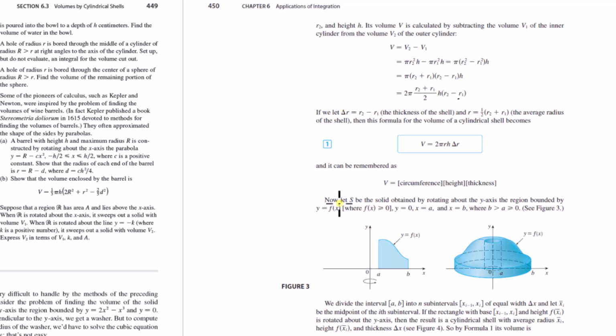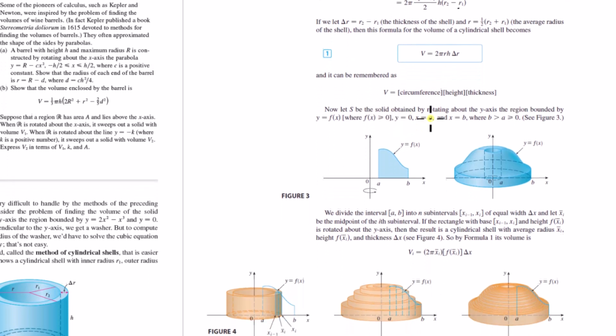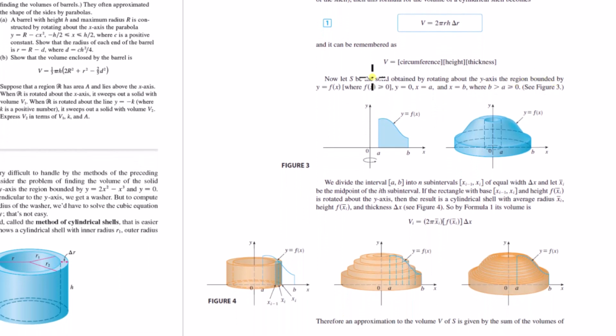Okay, so that's the element that we're thinking about breaking up these solids of revolution into and summing those elements to get the volume. All right, and we can see the general formula for the volume of a cylindrical shell there. It says, okay, now let S be the solid obtained by rotating about the y-axis the region bounded by.